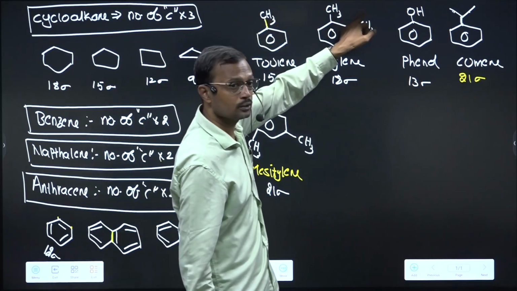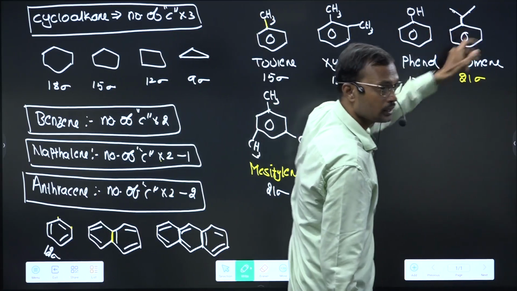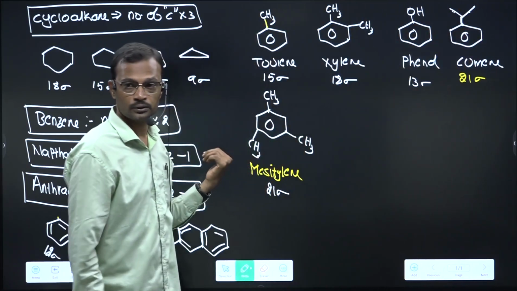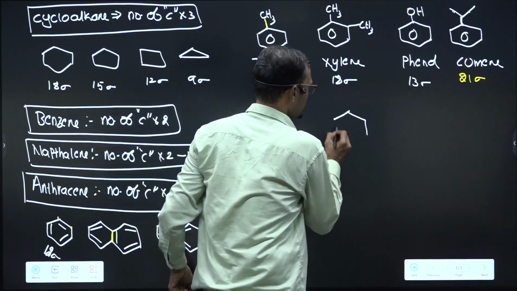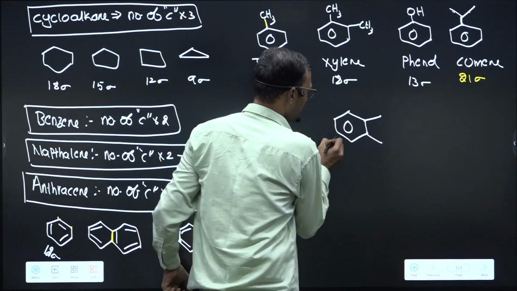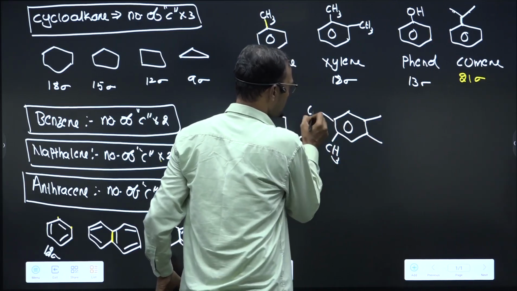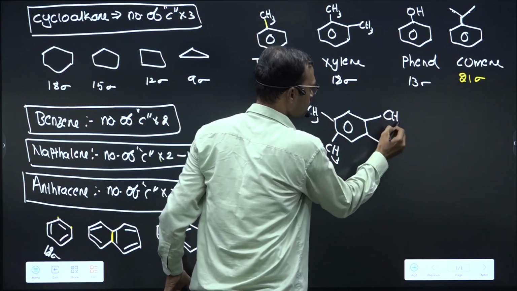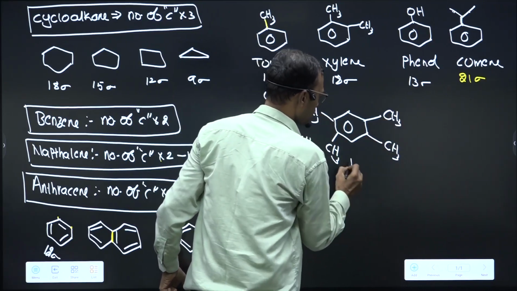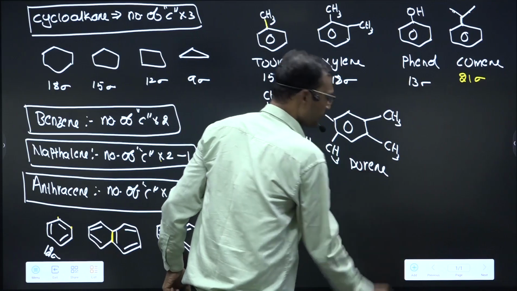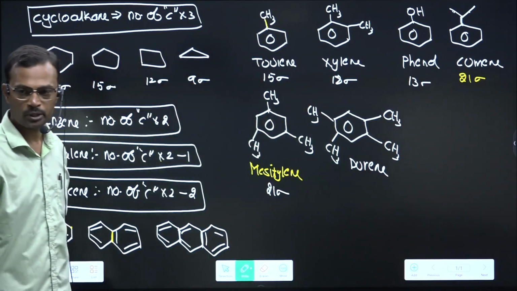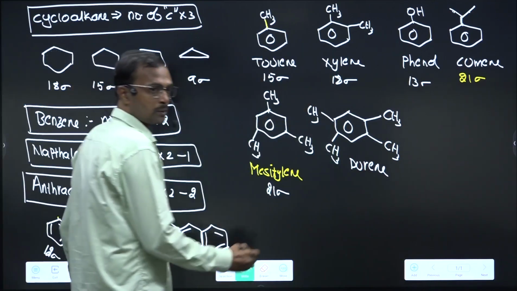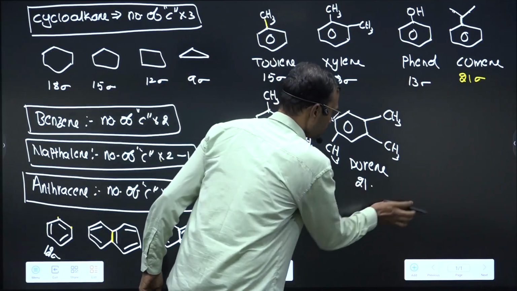Here how many outside? 2 saturated. Here how many outside? 3. Here also 3. Now here I am writing methyl and here also methyl. 2 methyls I am writing. Are all saturated or not? Now you need to guess the answer. This is called durene. How much? 24. 21 plus 3, 24 sigmas.